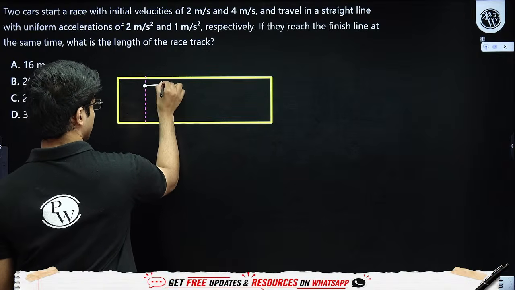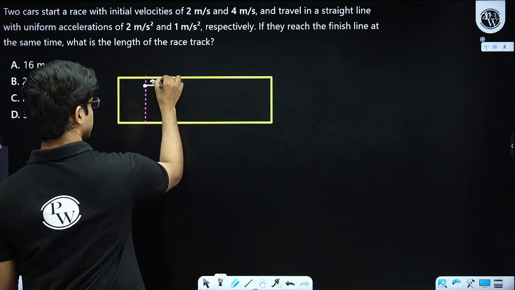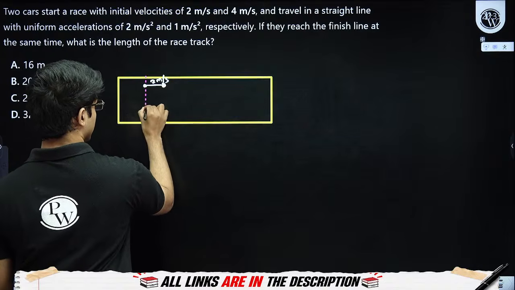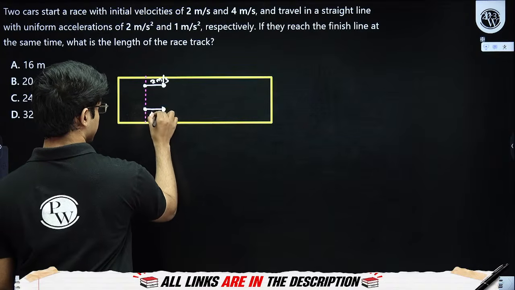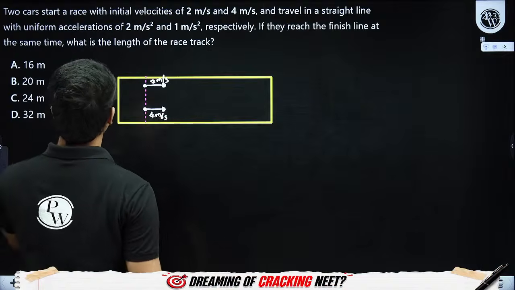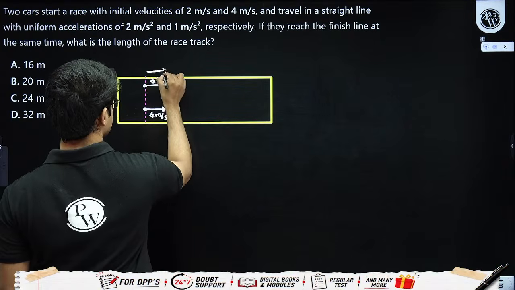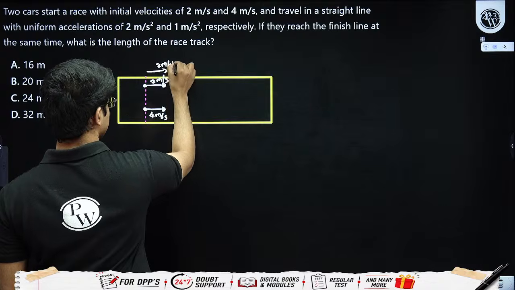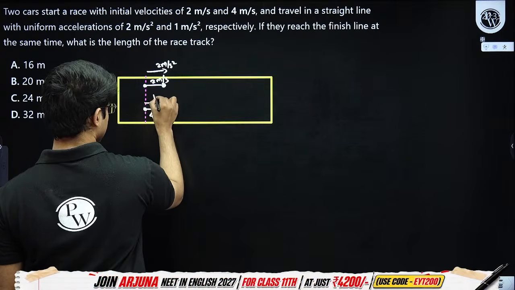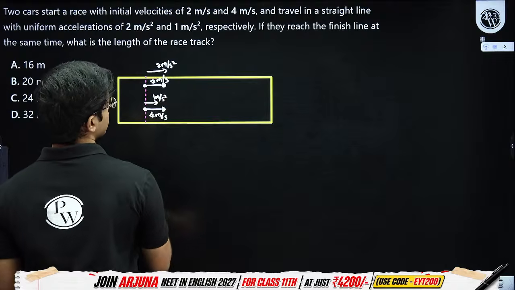One has a speed of 2 meters per second, the other has 4 meters per second. Their accelerations are 2 and 1 respectively. So this one's acceleration is 2 meters per second square, and this one's acceleration is 1 meter per second square.